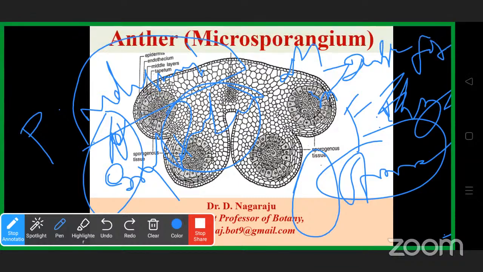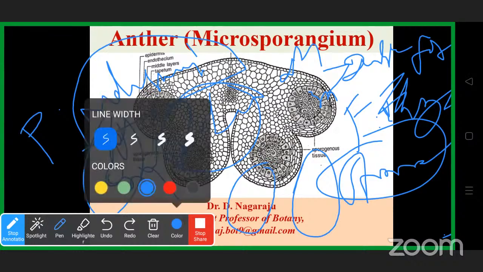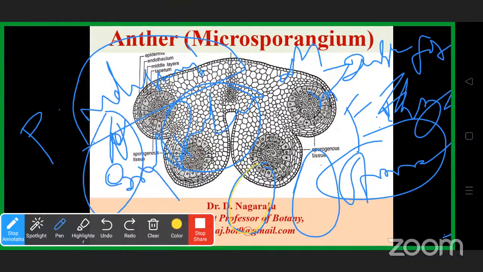In angiosperms double fertilization takes place, whereas in gymnosperms only one male gamete fuses with the egg cell.